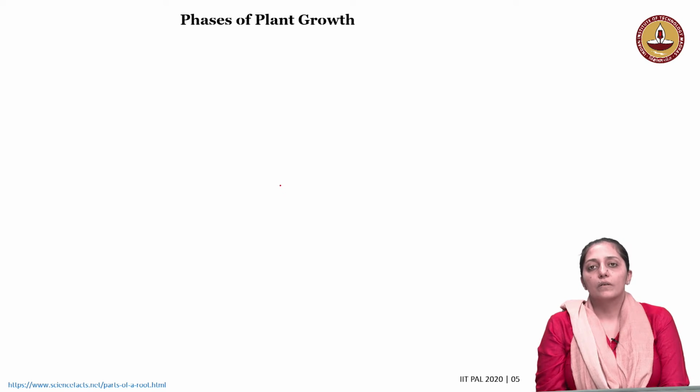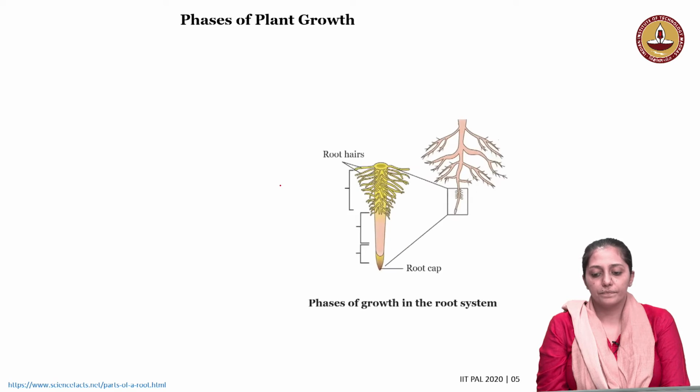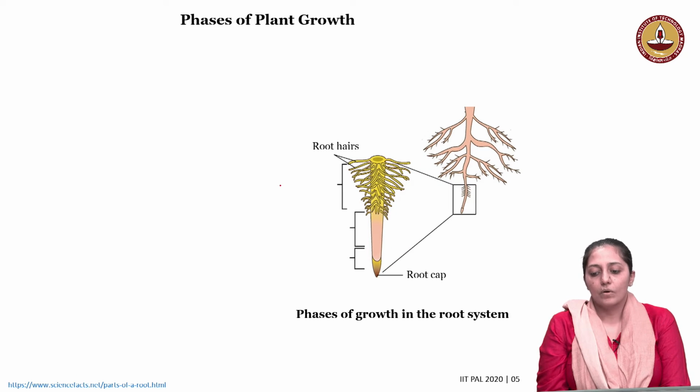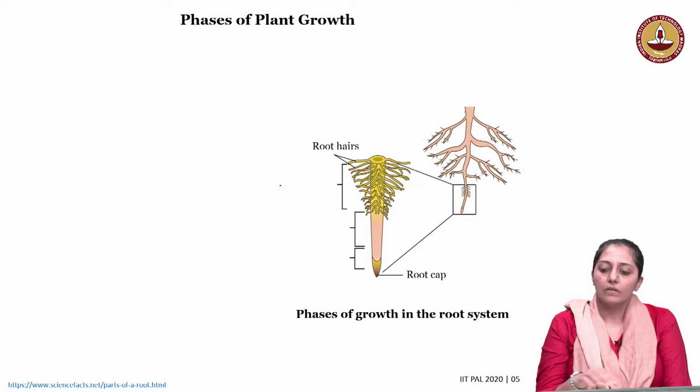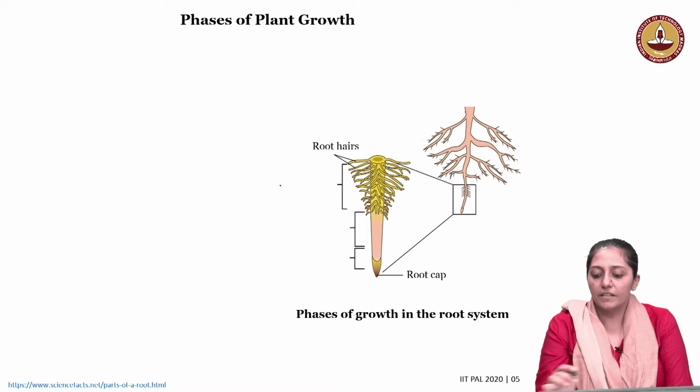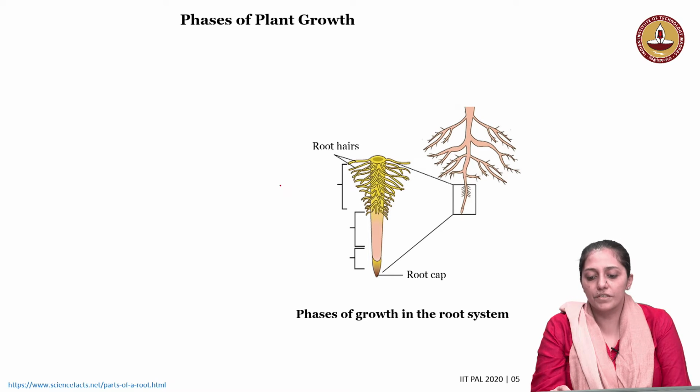Let us talk about what are the different phases of growth which can be observed in plants. Just to give you an example, we will take root as the model system, and here we have demonstrated the various phases of growth in a root system.